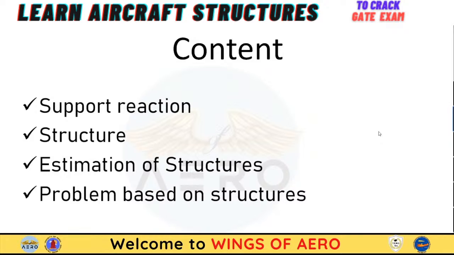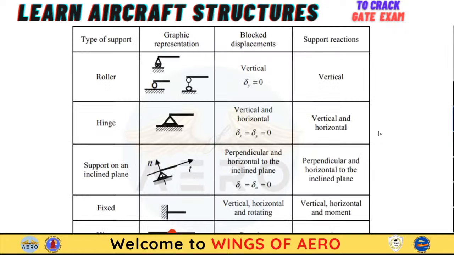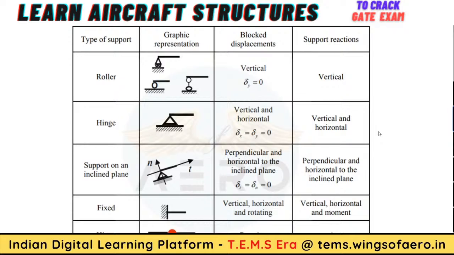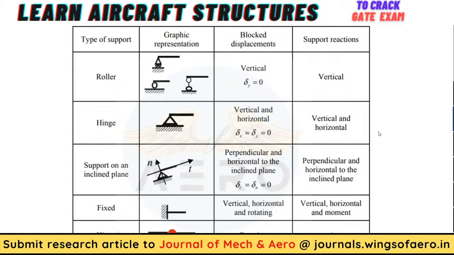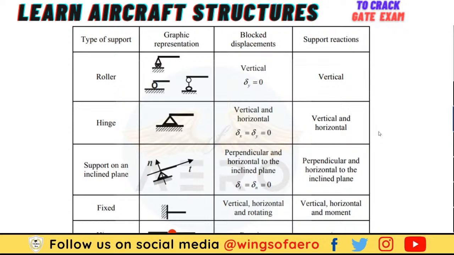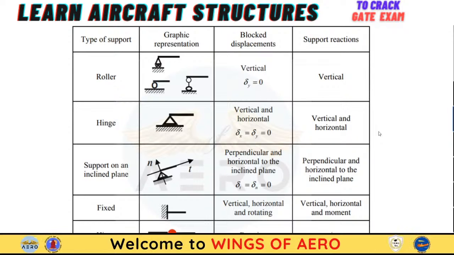Okay. Now, first we will see the different types of support reactions. This is very important. From your exam point of view, you have to analyze the different types of support reactions, displacements, or reaction forces that will be acting on the different types of support.